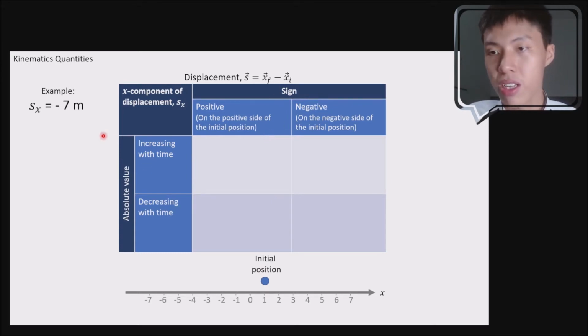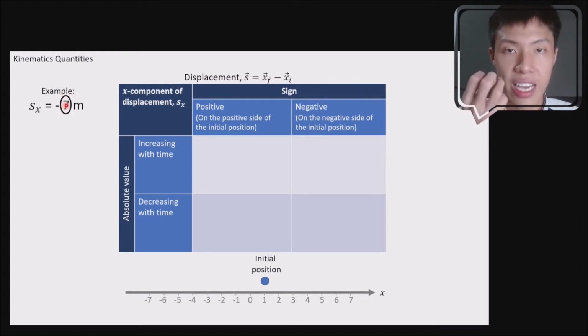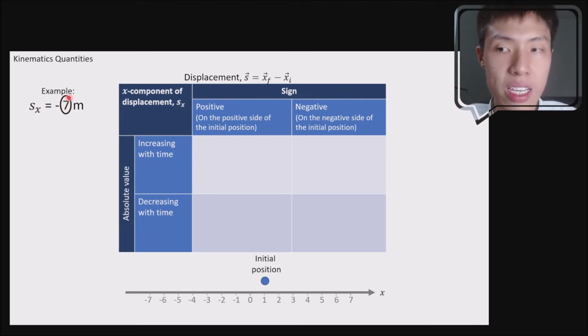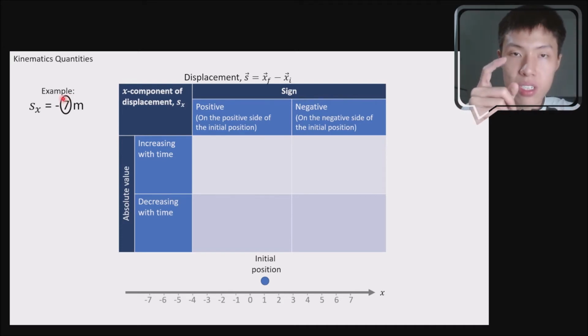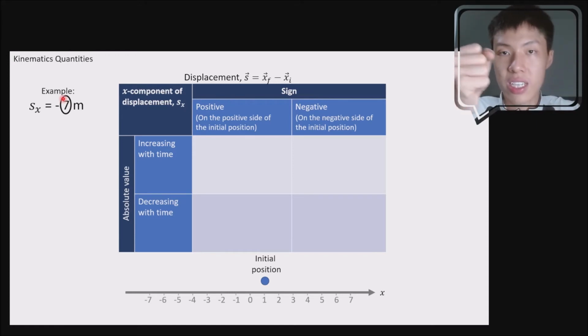Let's talk about the absolute value. If the absolute value increases with time, that means if we look at just this value here, and this value is getting larger and larger, 8, 9, 10, 11, what is happening? If it's getting larger, it means the distance between the final position and the initial position is getting larger, right?